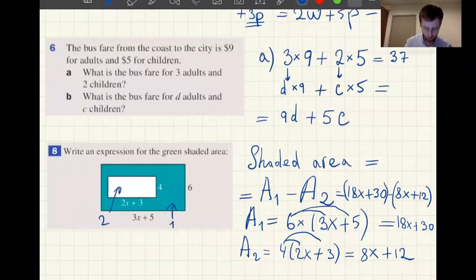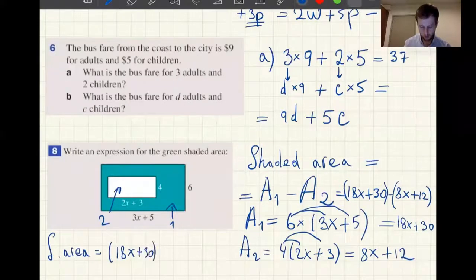So the shaded area is equal to, again, 18x plus 30 minus (8x plus 12). Look at this, because we have a minus before the brackets, everything in the brackets changes sign.